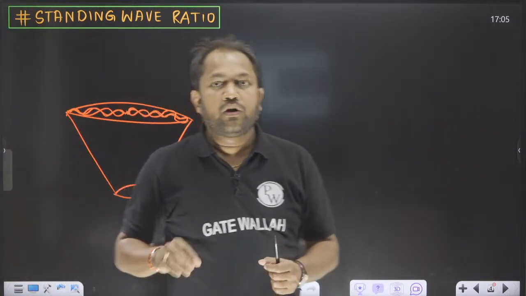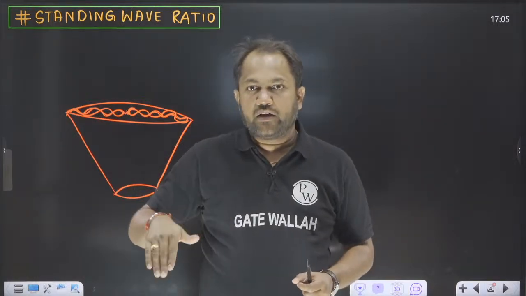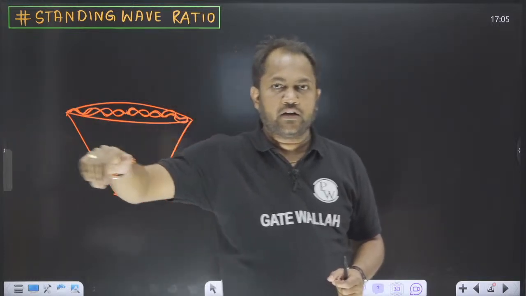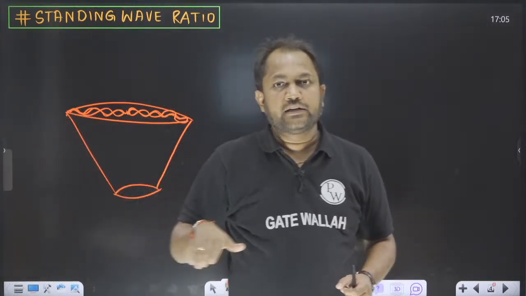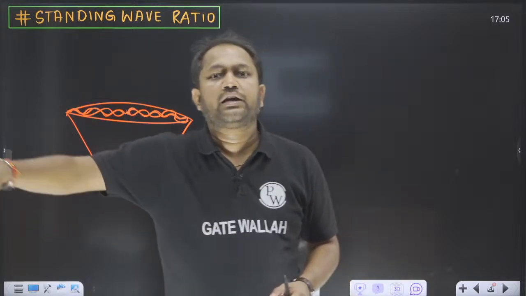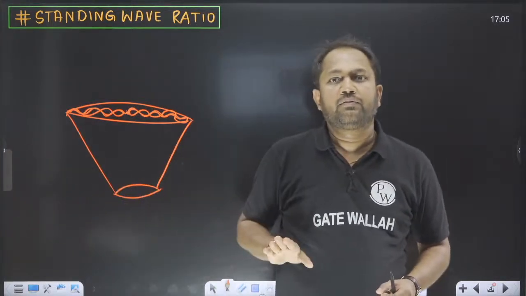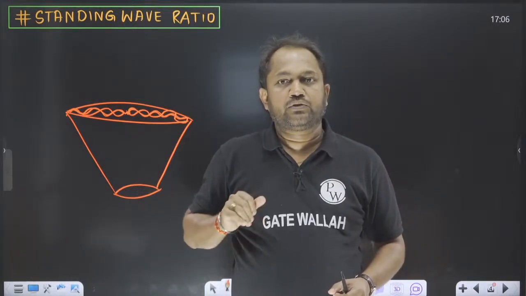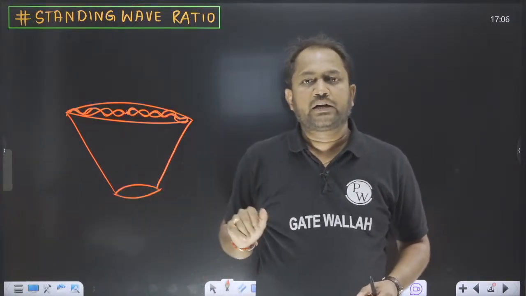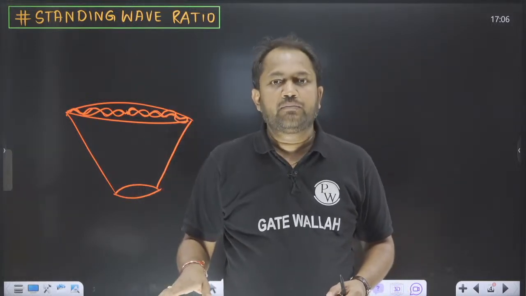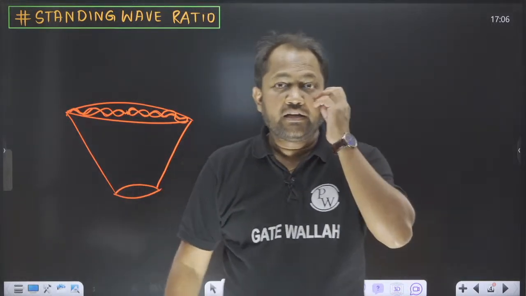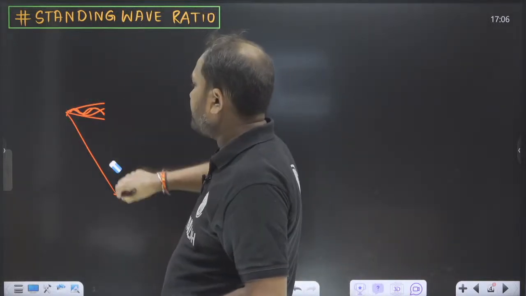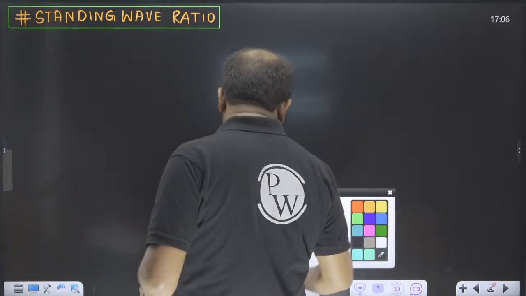So if you throw a stone in water, then a wave will be created, and the wave will bounce back from the side of the river or the side of the bucket, and there is a reflected wave. So there is a traveling wave, there is a reflected wave, and there is a standing wave. A standing wave is formed when the forward wave and reflected wave are added.